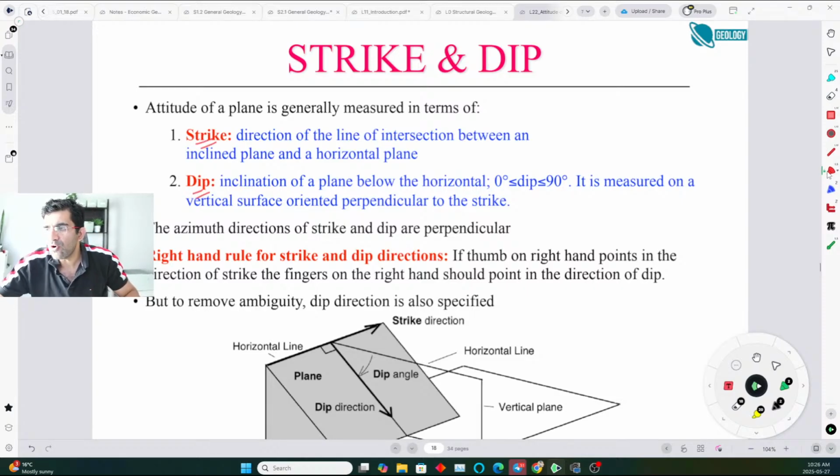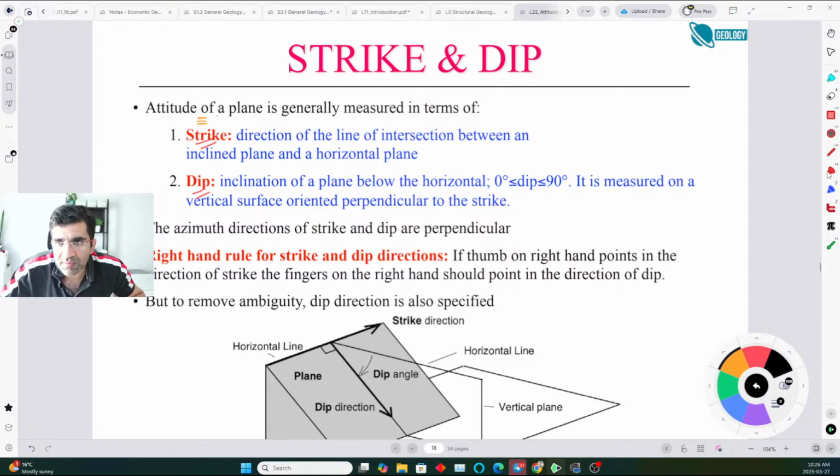You can think of strike as being equivalent to, as we studied in the previous notes, bearing or azimuth, whereas dip will be equivalent to the inclination part.